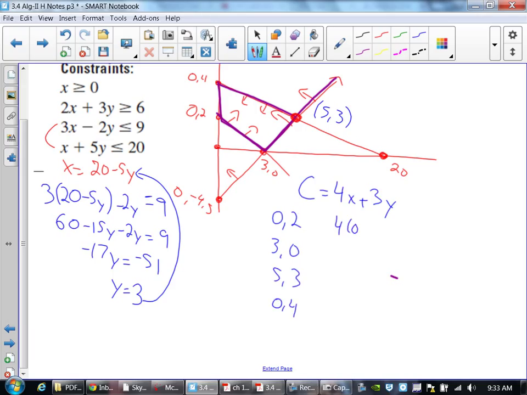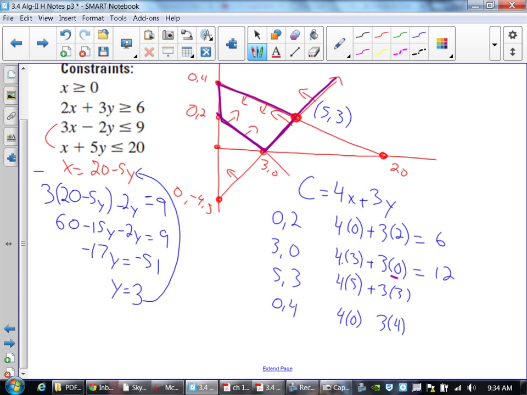So 4 times 0, 3 times 2, 4 times 3, 3 times 0, 4 times 5, 3 times 3, and 4 times 0, and 3 times 4. 6, 12, 29, and 12. Minimum, maximum.